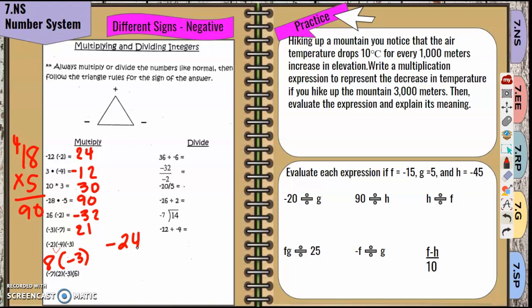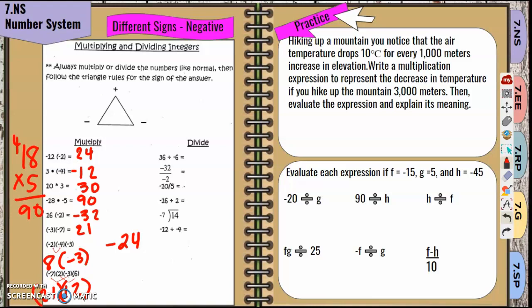So I have a positive 2 times a positive 6. I know that that's 12. And I know that a negative times a negative is also a positive. 7 times 3 is 21. So I've narrowed down this 4-digit problem to a 2-digit problem.